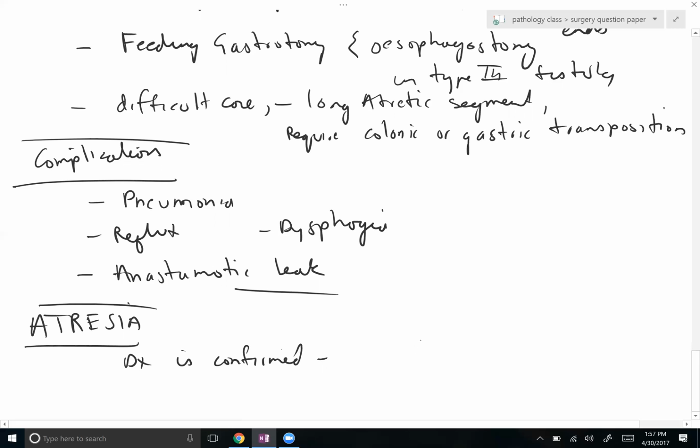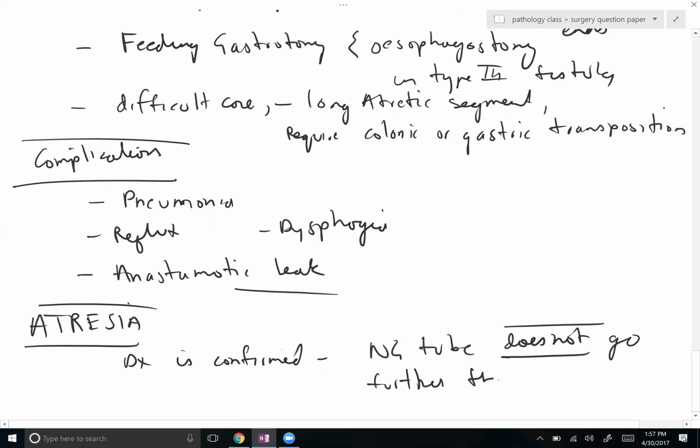When a nasogastric tube is passed, it does not go further than the upper esophageal pouch.